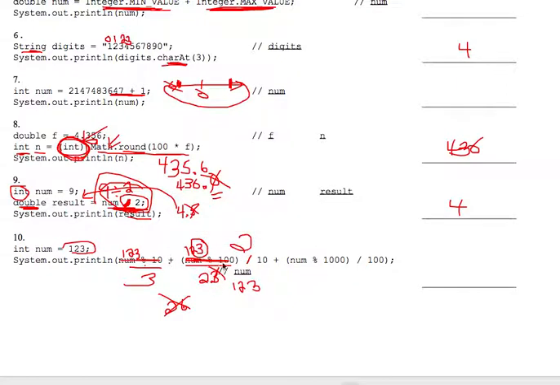So this simplifies to 2, and now we have this plus and this plus, and we work from left to right. This 3 plus this 2 is 5. And we're still left with 5 plus whatever all this is.